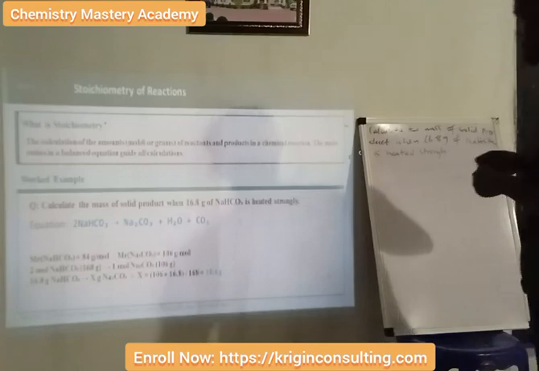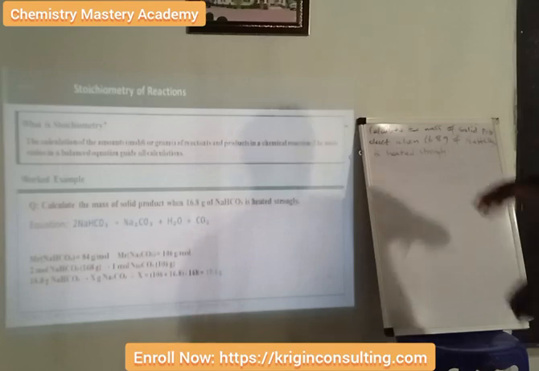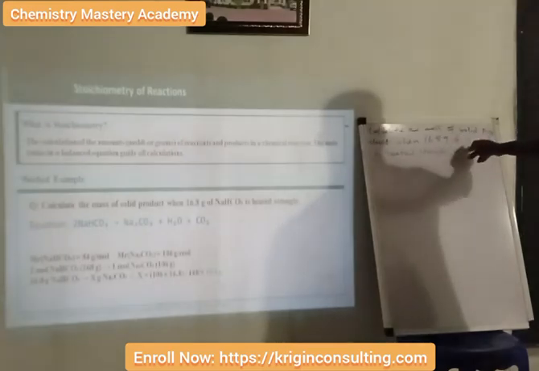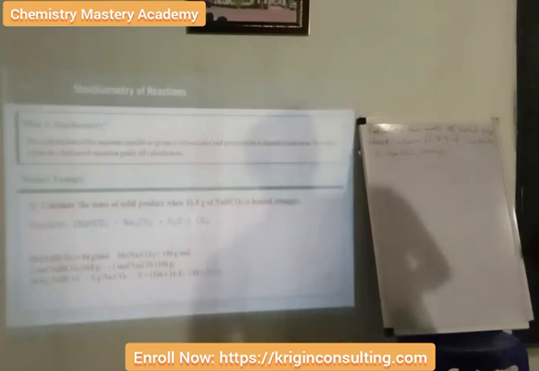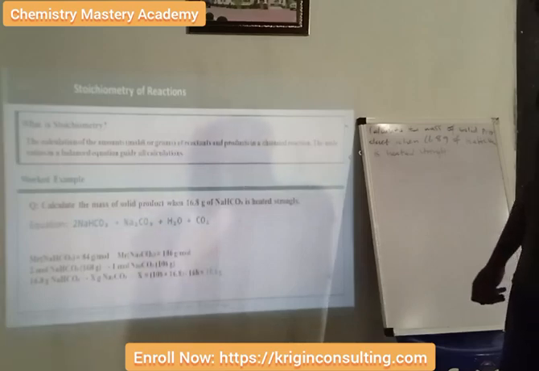Now, first of all, what do they say? Calculate the mass of solid products when 16.8 gram of NaHCO3 is heated strongly. We should calculate the mass of solid products. So basically, what are they saying?